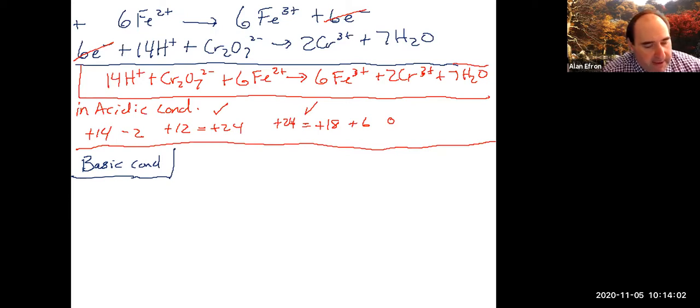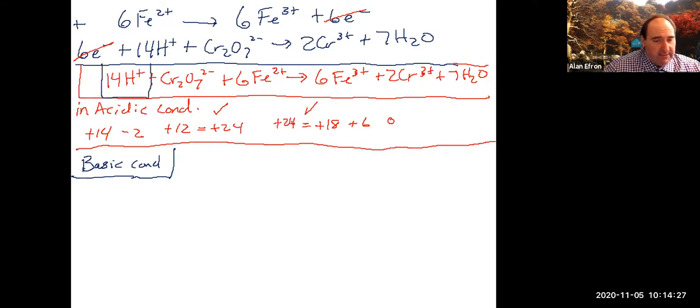So if you were to balance this reaction in basic conditions, you might as well just go through all the steps we just did and balance it in acidic conditions first. Now, once you've balanced it in acidic conditions, what you want to do is an additional couple of steps.